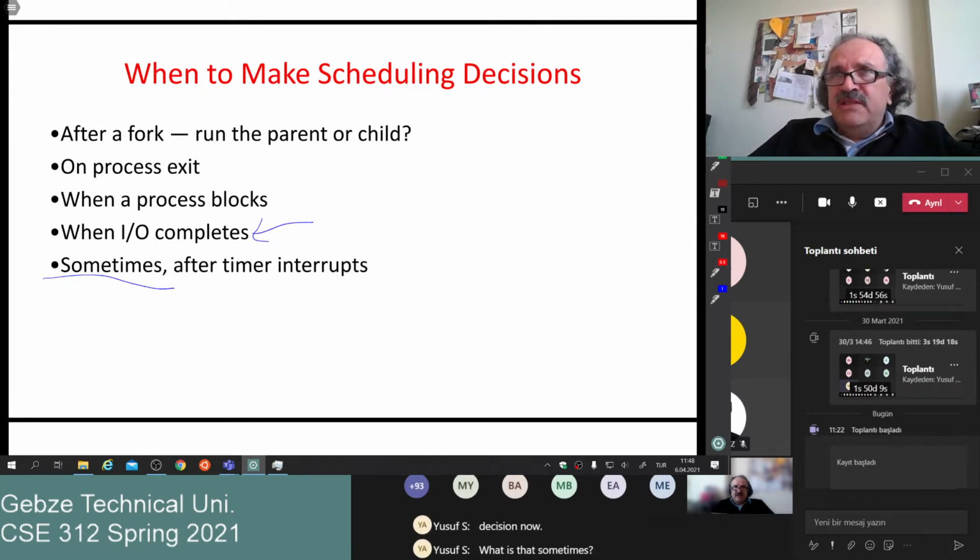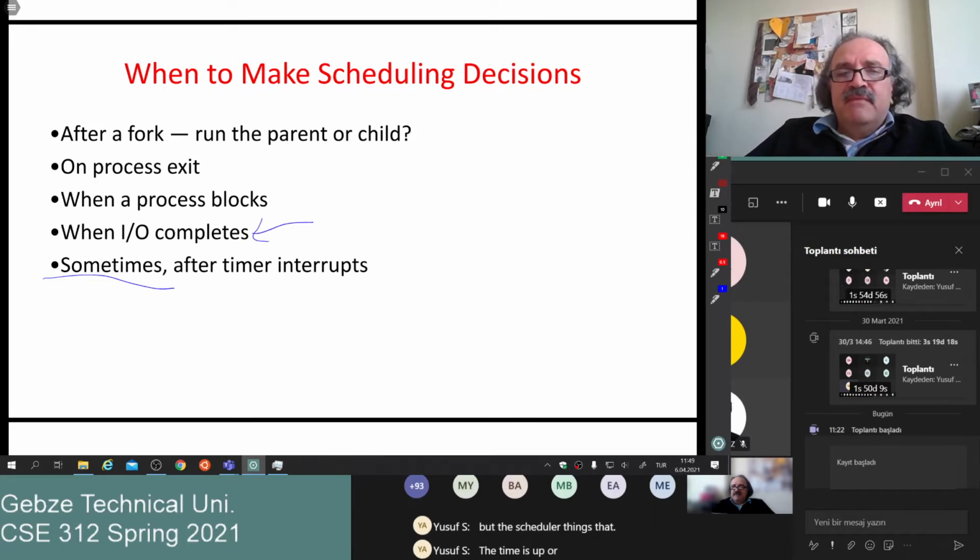If the scheduler thinks that the current process used too much CPU time, its time is up, maybe I should switch this one. The process is runnable, it has all the data that it needs to run, it doesn't need any operating system help, it likes to use the CPU, but the scheduler thinks that time is up.